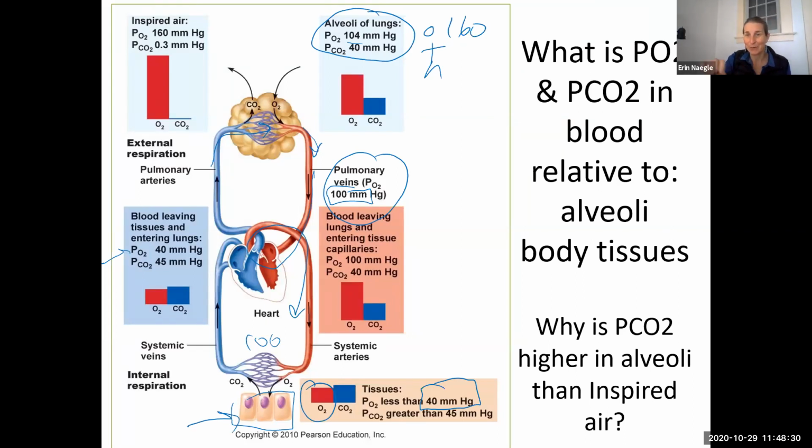Then it's going to diffuse from your tissues into your blood, because in your blood it is about 40 millimeters of mercury. It's more than 45 in those tissues, so it's going to diffuse, and it's going to get to around 45 millimeters of mercury until it gets into your alveoli. And of course, your alveoli are around 40, so we're going to get rid of that carbon dioxide.